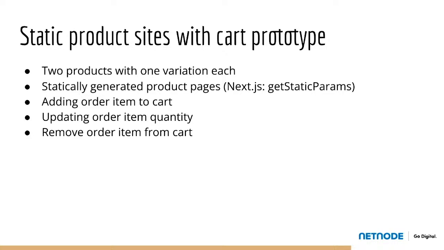So we have configured basically 2 products in the backend with each a variation, and these products also have a URL alias that can be used from the front end. The prototype allows you to view the static product pages, and you can add products to the cart. You can update the cart, so the amount of the order items, and you can delete order items from the cart again.